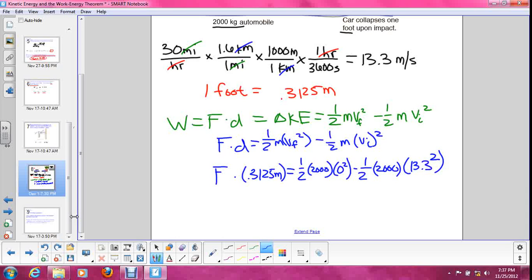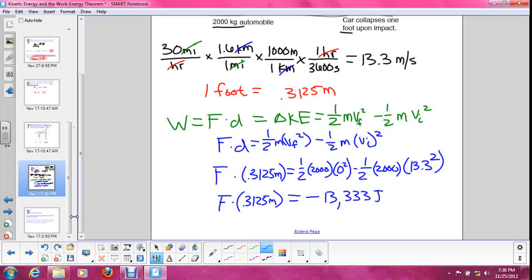So now when you plug this into your calculator, you find that force times 0.3125 meters is equal to a change in kinetic energy of negative 13,333. Remember, the units are joules. So this is the change in kinetic energy of this vehicle.